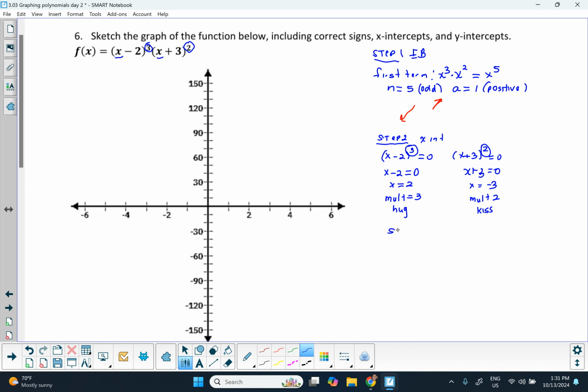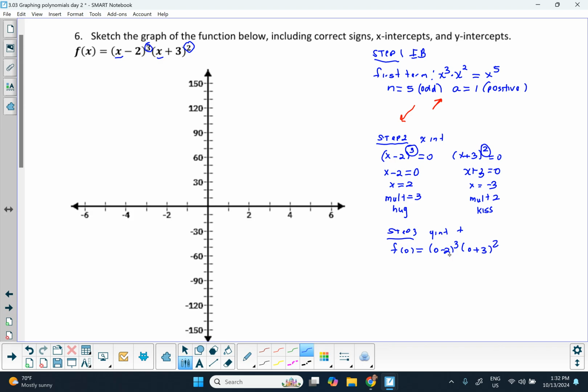We're on to step 3. Step 3 is where you find the y-intercept plus. And what I mean by plus is any turning points, either a maximum or minimum point. So to find the y-intercept, just set x equal to 0 and evaluate.